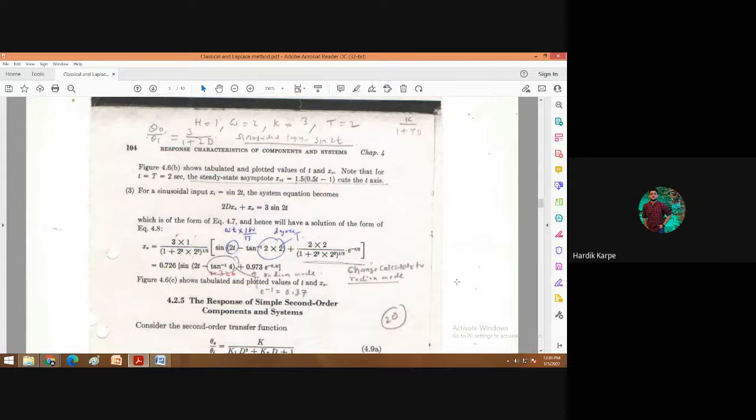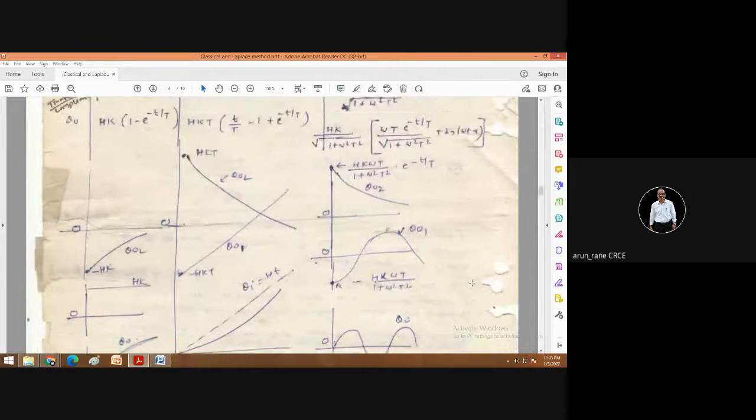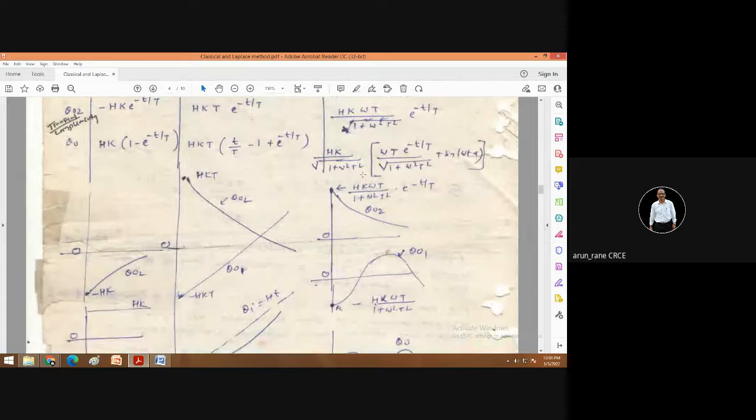So you have to just change the values of small t only. See now, h, K, root of 1 plus omega square T square will be constant. Here also you will get a constant value. This also will get a constant value. Correct? And you have to just substitute. You can form an equation on a calculator, or you can use MATLAB and change the values of t.